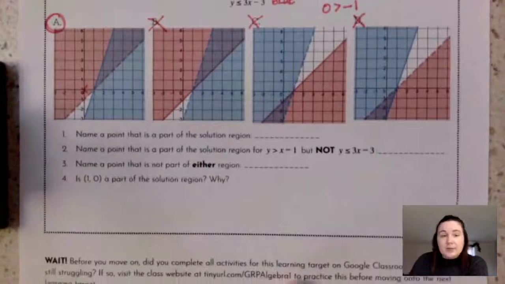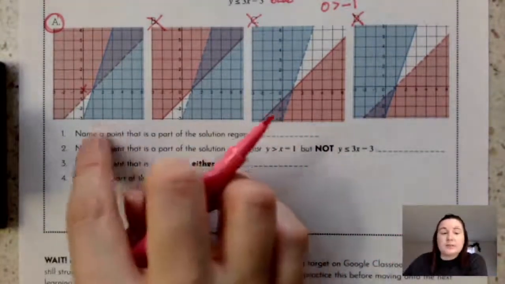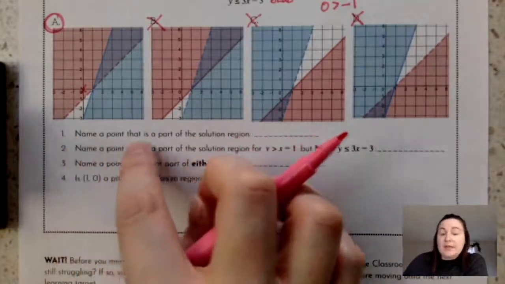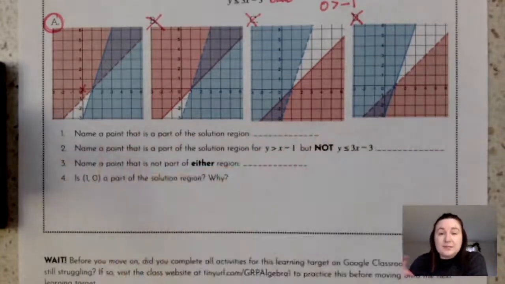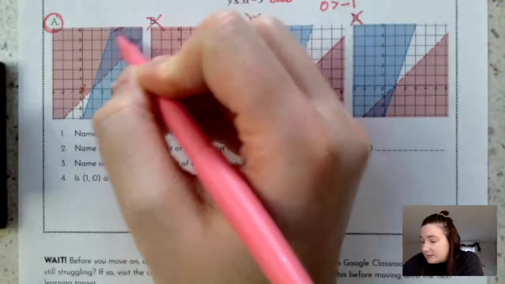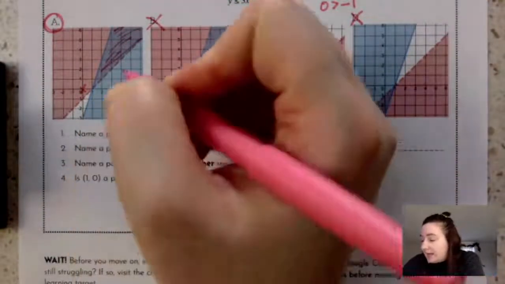Now we can use our graph and answer these questions. These questions are similar to the ones that could be on your test. We'll usually only ask one of them. The first one is just name a point that's part of the solution. The solution for a system is the overlapped area. So in this, it'd be where it's both red and blue, which is this diamond looking area. I can pick any point in there.